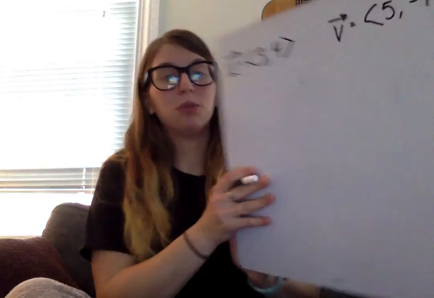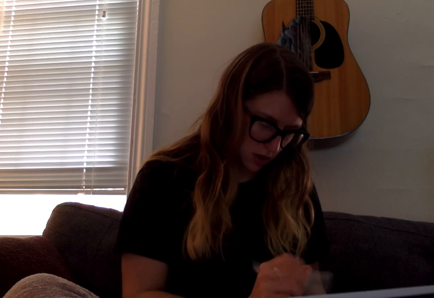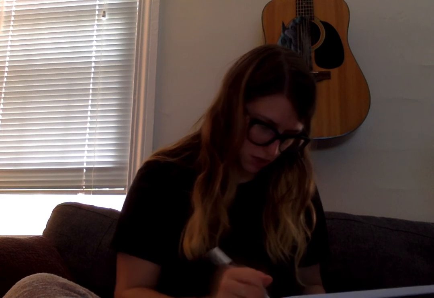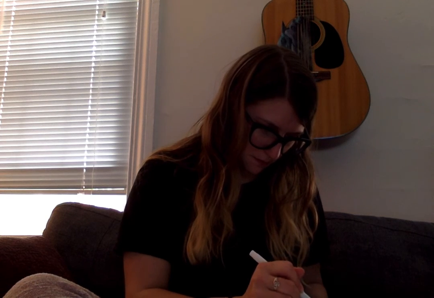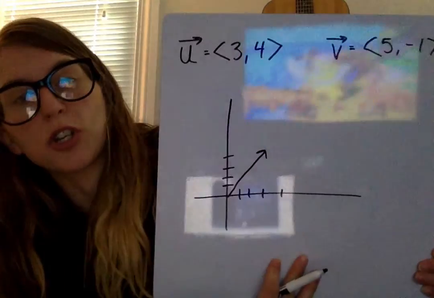So what does even adding look like? I think you'll be happy because adding and subtracting are pretty cake. Let me show you what this would look like. I think that would help. So if I had 1, 2, 3, 4, let's draw vector 3, 4. So this is vector u.